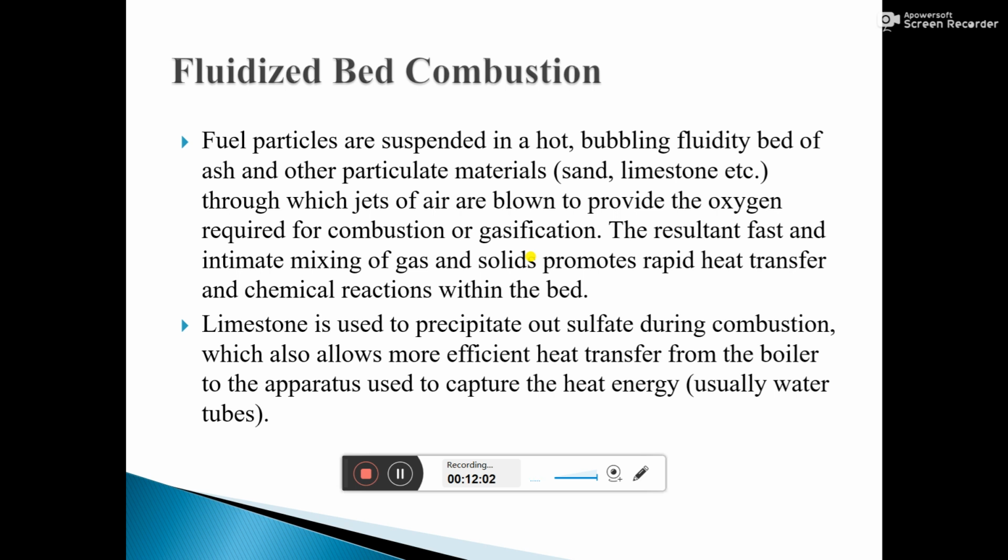Solid fuels such as coal can be combusted very efficiently using this method. We are about to study it in the coming slides.